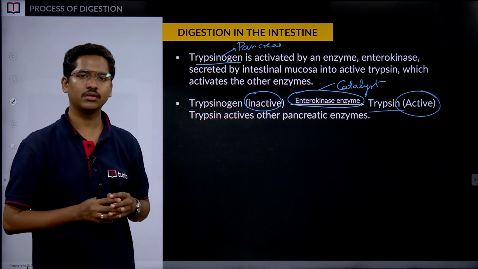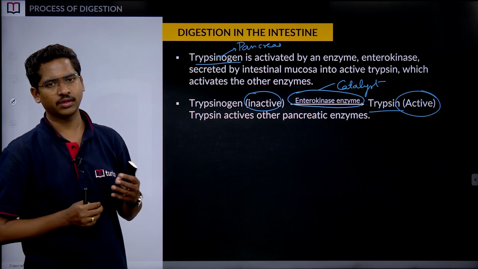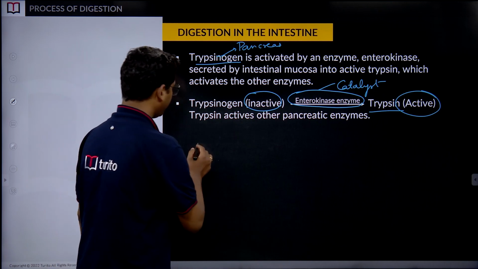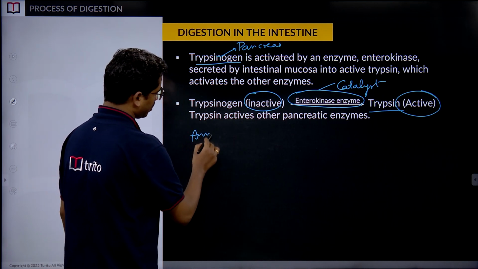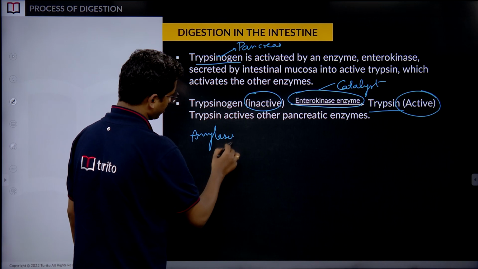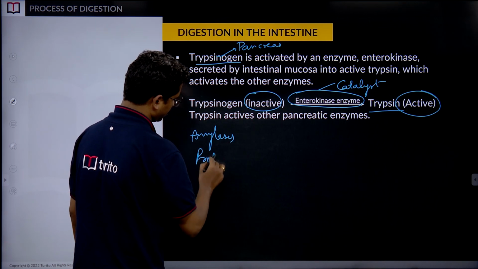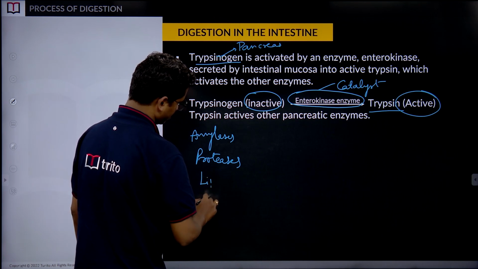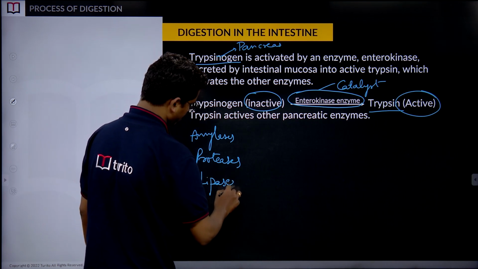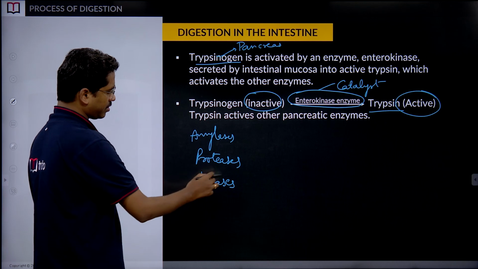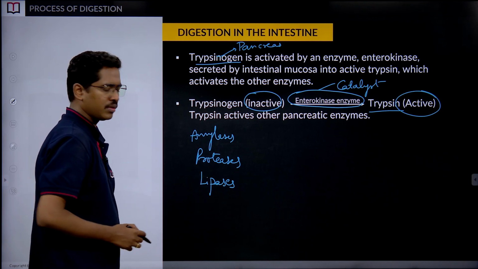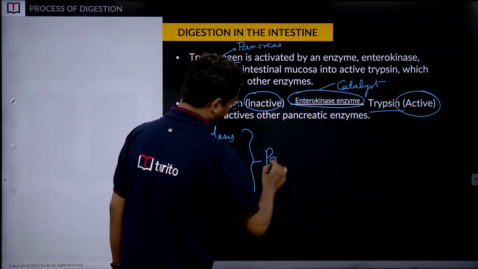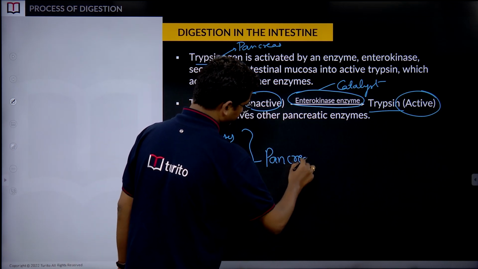In the pancreas, different kinds of enzymes are released: amylases, proteases and lipases are present in the pancreatic juice.